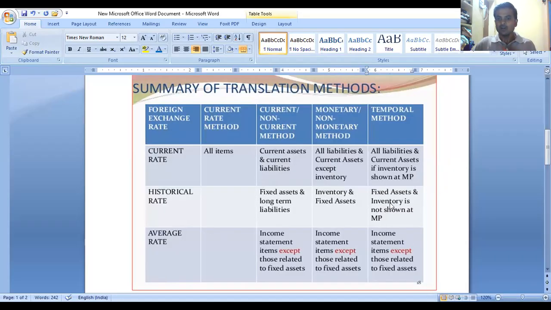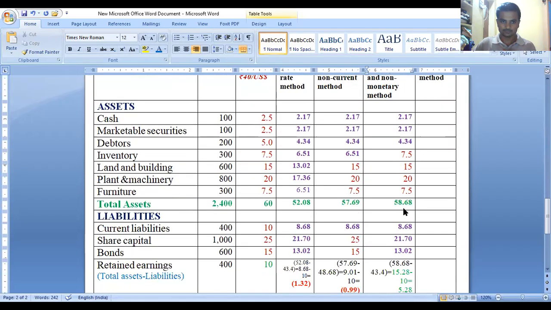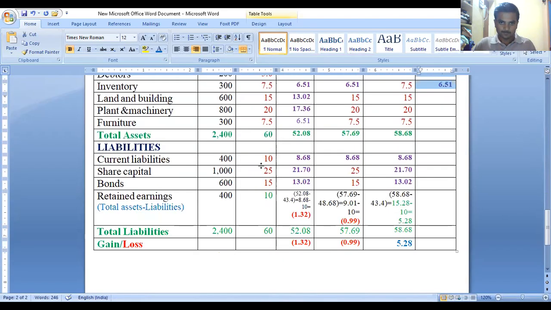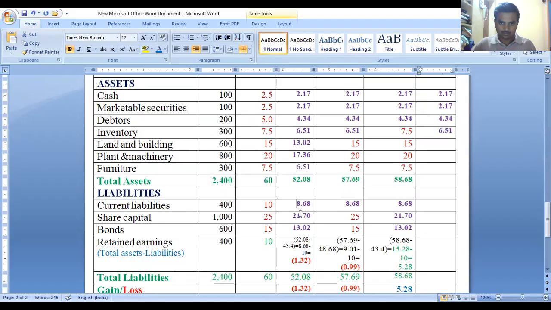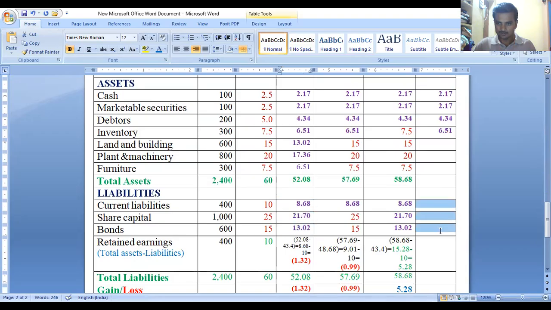So next one is all the fixed assets should be converted to the historical rate. So here all current assets should be converted to the current rate. Then all liabilities should be converted to the current rate.